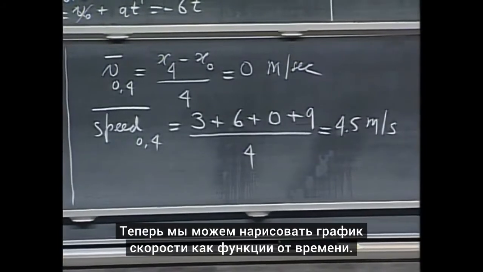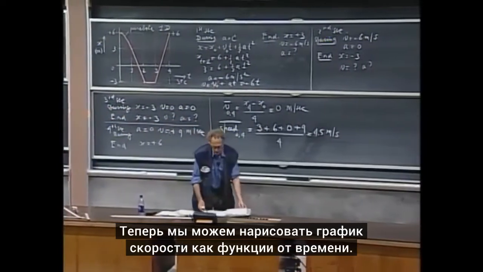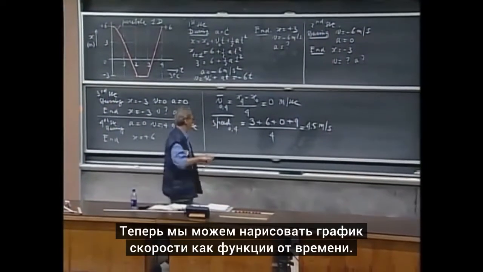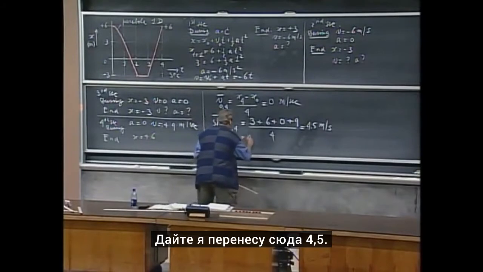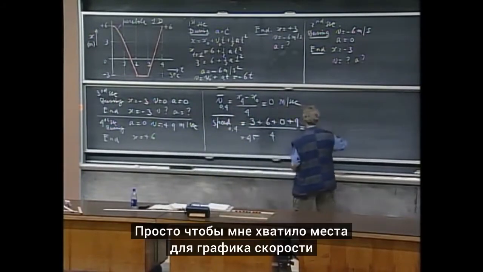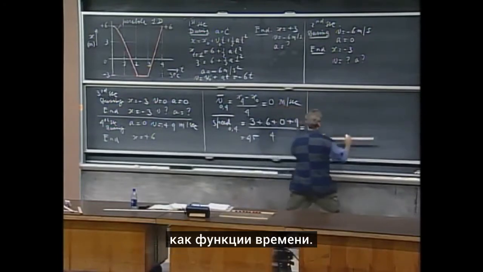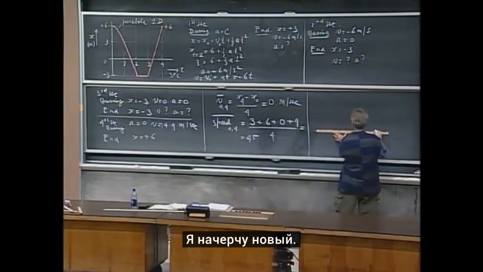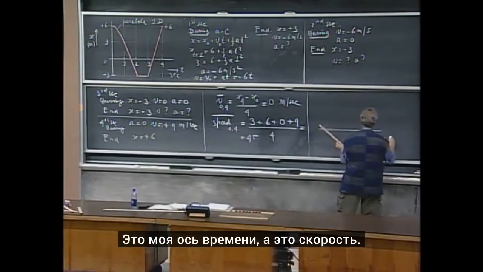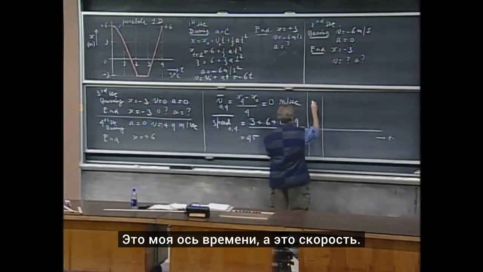We could now make a plot of the velocity as a function of time. Let me put here the 4.5, so that I just have enough room here to make the velocity plot as a function of time. I'll make a new one. This is my time axis. And this is the velocity.